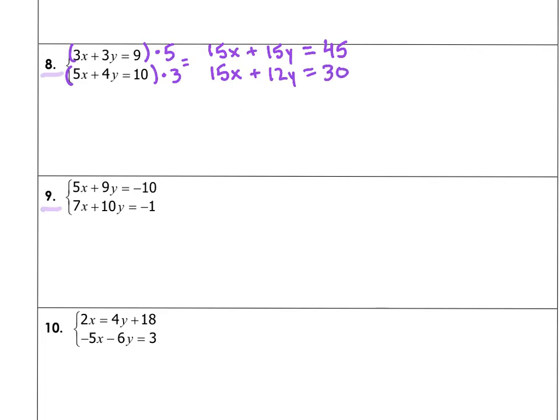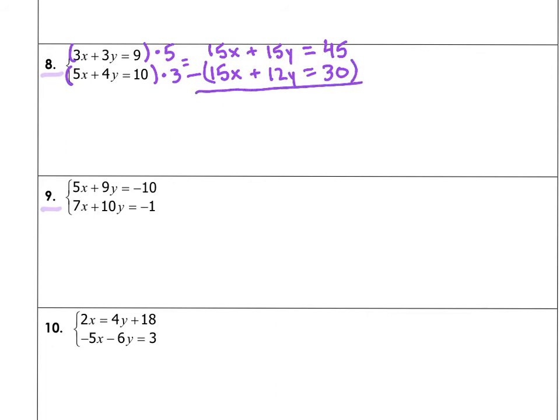Okay. Now as we look at the 15x's, that's exactly what we wanted, right? We wanted our x's to have the same coefficient. So now that they have the same coefficient, we can go ahead with adding or subtracting. Now, as you've already seen half a dozen times by now, whenever we have the same sign, we're going to subtract, because I want these 15x's to cancel out. So I'm going to subtract, and don't forget that this is basically distributing a negative.